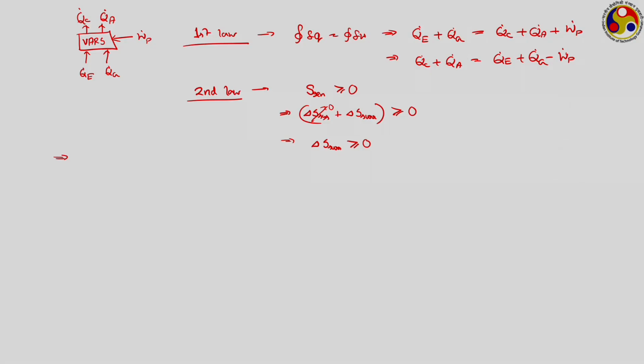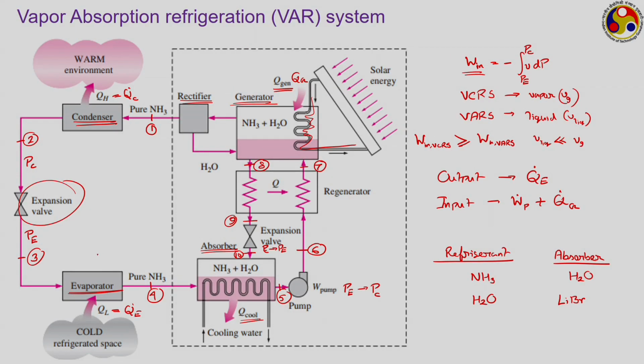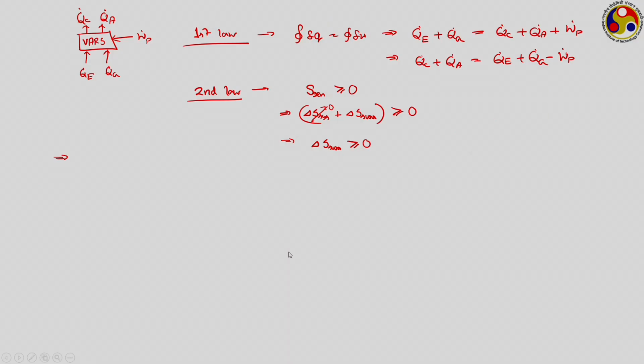Now, let us look at the heat transfer that is happening. From the surrounding point of view, what is the amount of energy the surrounding is losing? Before going to that, let us give some names to this. Let us say the evaporator is working at a temperature TE, the condenser at temperature TC, the generator at a temperature of TG, and the absorber at a temperature of TA. So, how much energy is the surrounding losing? Q dot E and Q dot G are getting added to the system, coming out of the surrounding. So, it is losing entropy in that form.